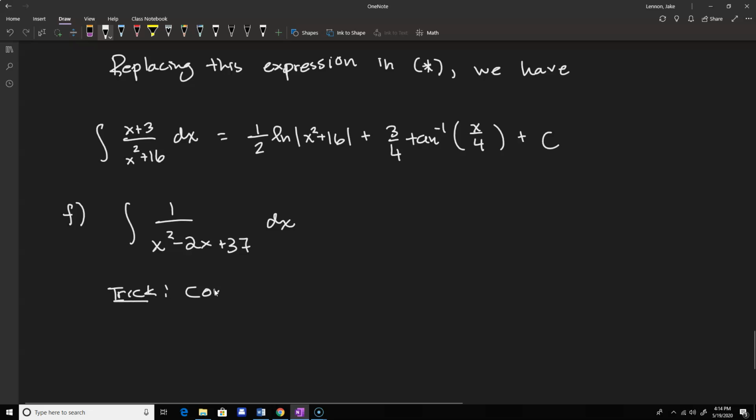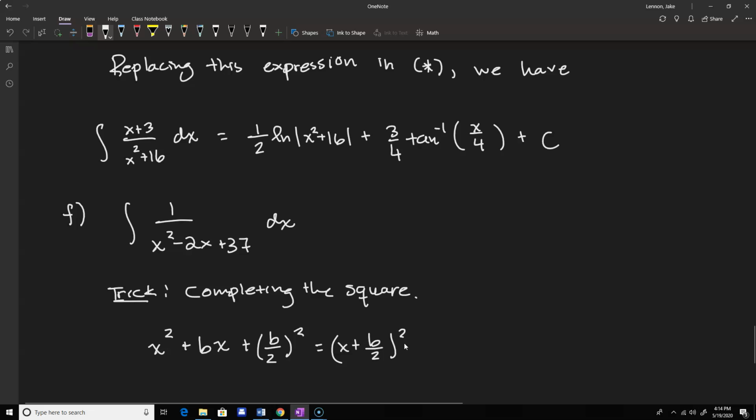So you might remember it from algebra. So how does completing the square go? Well, if you have x squared plus bx, and you add (b over 2) quantity squared to it, this will always factor into (x + b over 2) quantity squared.